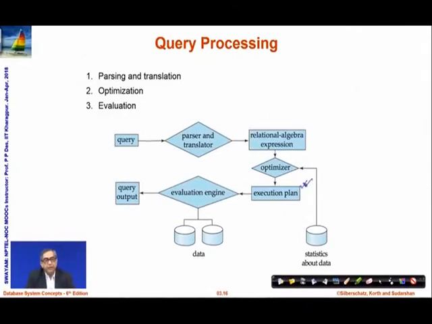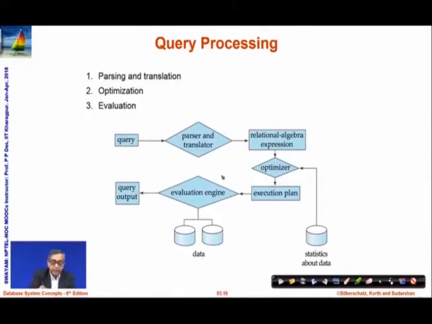You will be able to understand this when we go to the actual relational algebra. Execution plan basically says that if there are multiple operations in that query to be performed, in which order they should be performed, and where temporary tables should be used, where they should be skipped, and so on.